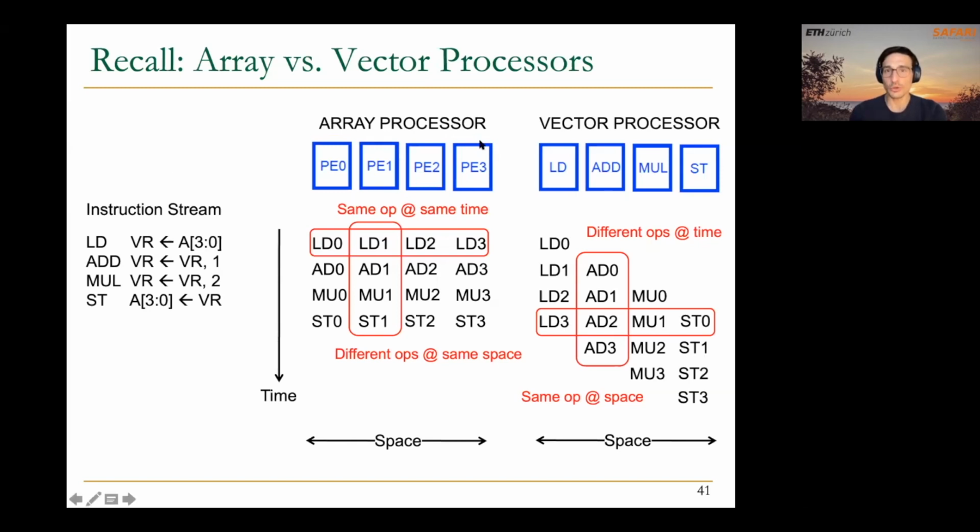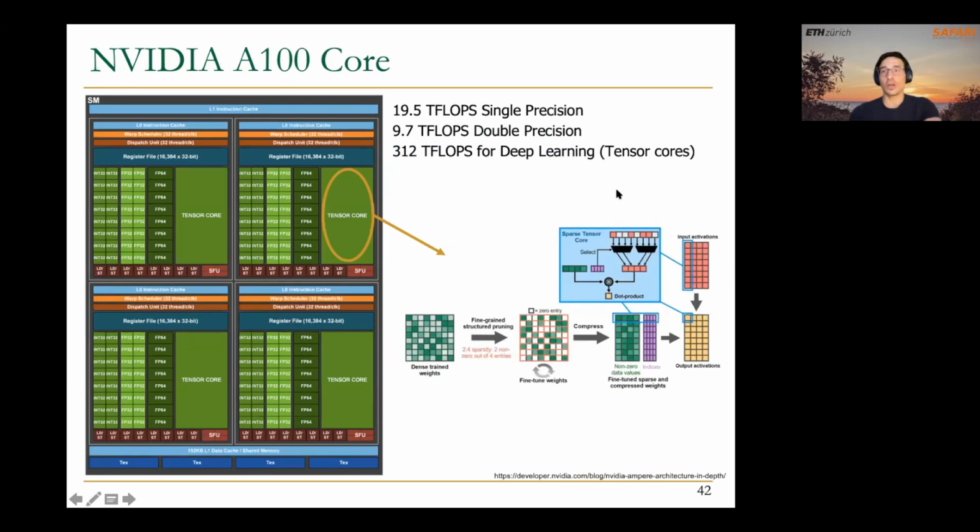Remember that in array processors, we have multiple processing elements that are able to execute different operations, while in vector processors, we have multiple processing elements, each of them specialized on a different operation, like a load or an add. If we look closer at the core of the GPU A100, we will see something similar to vector and array processors.